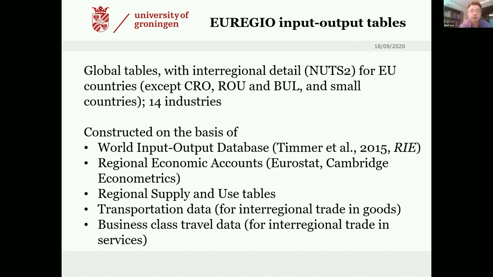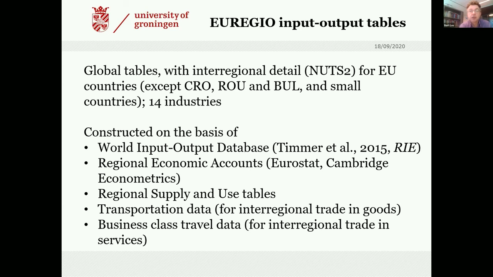So ONS supplied Eurostat with these data, and we got additional detail based on data from Cambridge Econometrics. We used the regional supply and use tables if available, and for the UK this means that we explicitly included this type of information for Scotland.